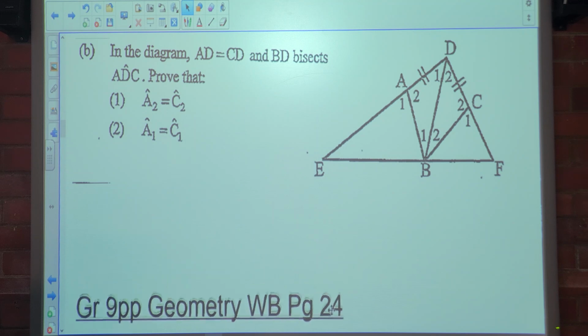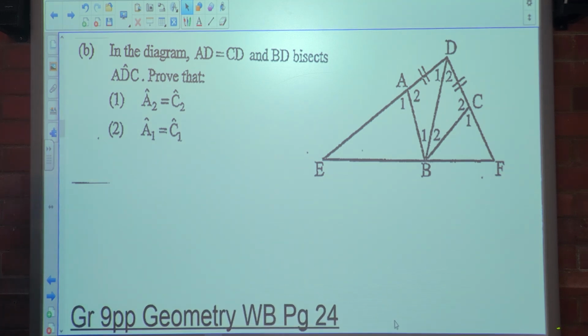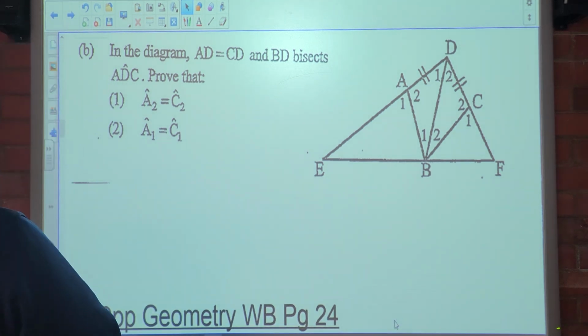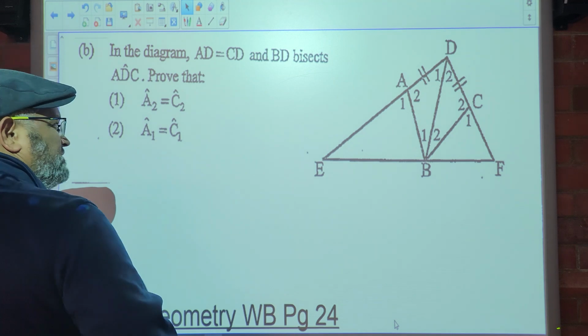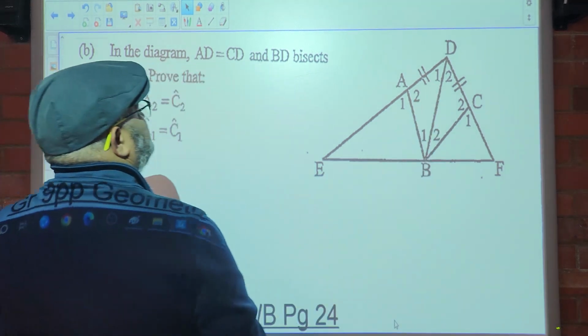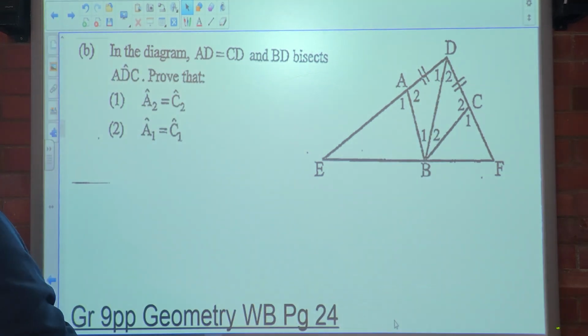Page before. We are told that in the diagram AD is equal to CD and BD bisects angle ADC, which means to say D1 is equal to D2. Prove that A2 is equal to C2.